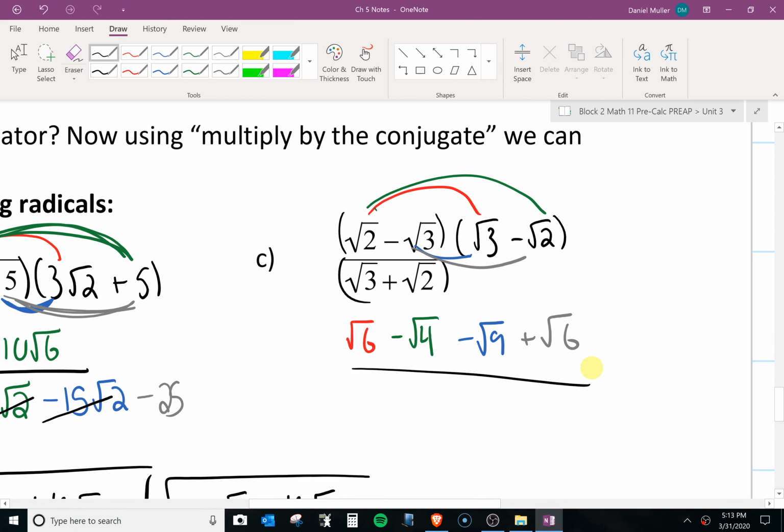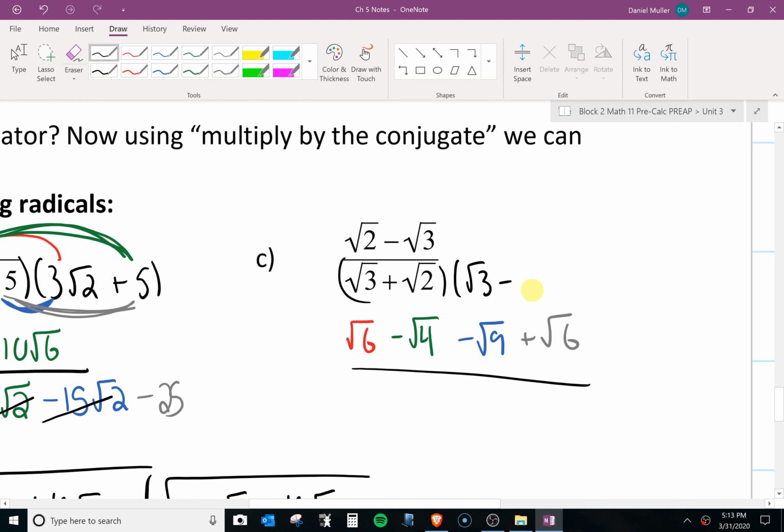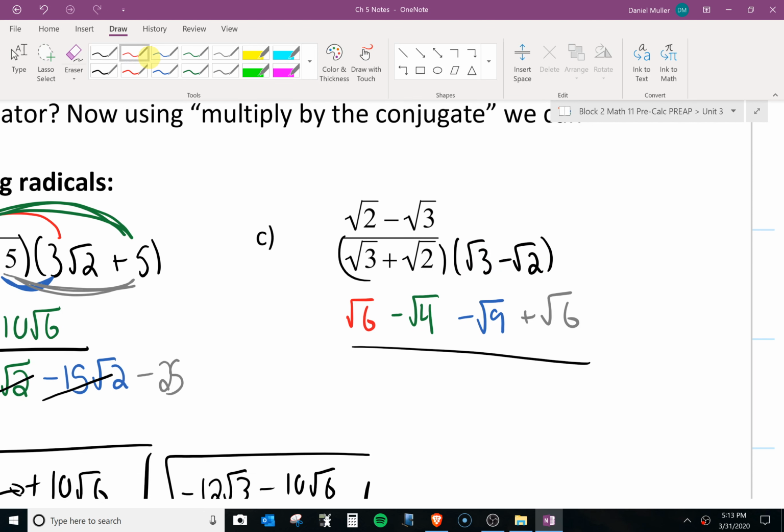And now we're going to have the denominator. Denominator multiplied by root 3 minus 2. All right, well, let's get started here. Root 3 times root 3, those are both inside numbers for square root of 9. And then I have root 3 and root 2, but negative.